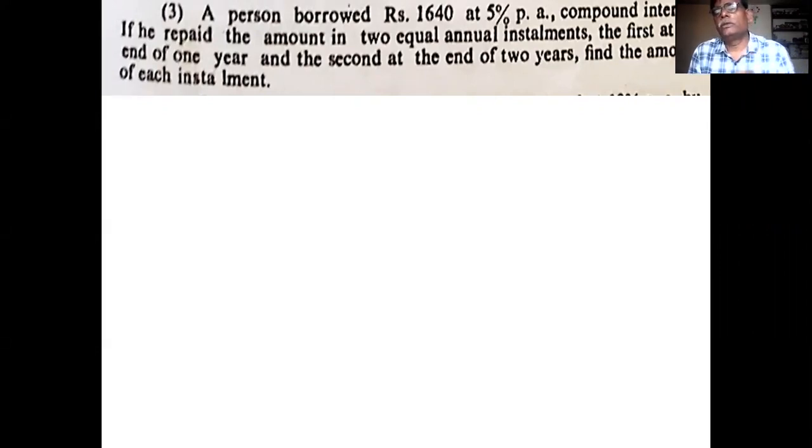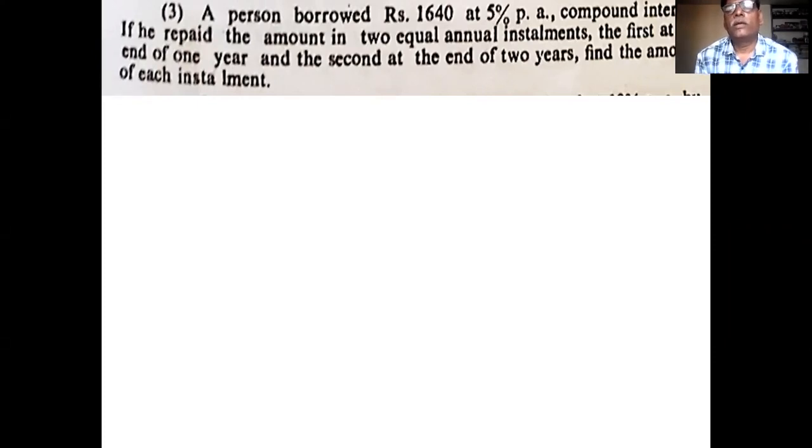In this problem, you see there, principal is 1,640 and rate of interest is 5% per annum. And the method applicable is the compound interest method. So I'll tell you, you calculate the amount at the end of the first year.